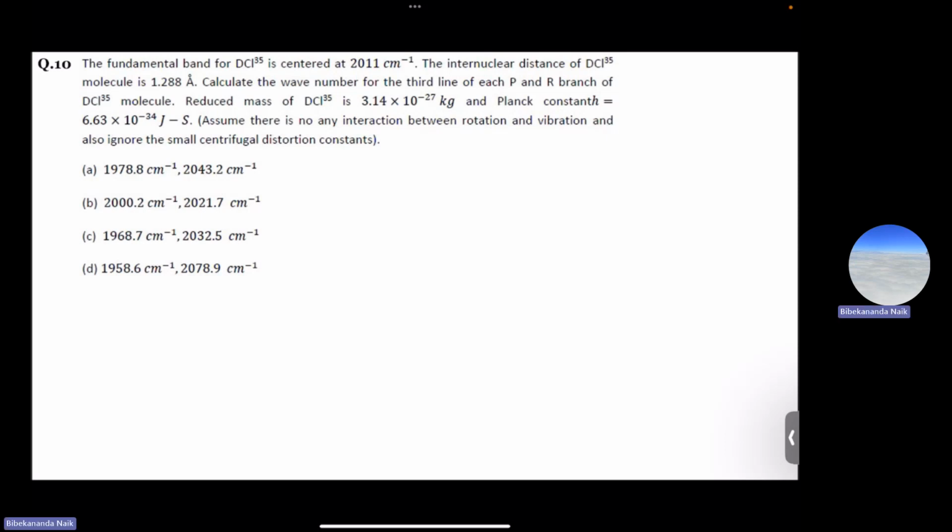There is no interaction between rotational and vibrational motion that we have to assume, and small centrifugal distortion will be ignored. These are the given options. I'll give you a few minutes to try this question, then we will discuss.